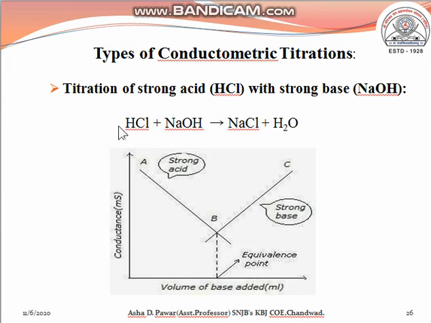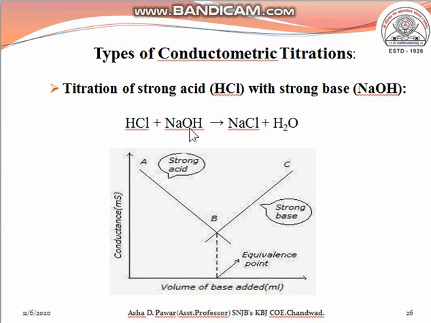Initially we observe that the conductance of this HCl is higher because it is completely ionized, and conductivity depends upon the speed and size of the ion, or mobility of the ion. H+ is the smallest ion, that's why its mobility is higher, and conductance is also higher. That's why at the initial stage, at point A in the diagram, conductance is maximum, because HCl is completely ionized and H+ is very small with the highest mobility.